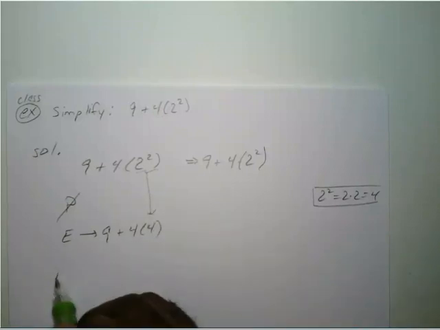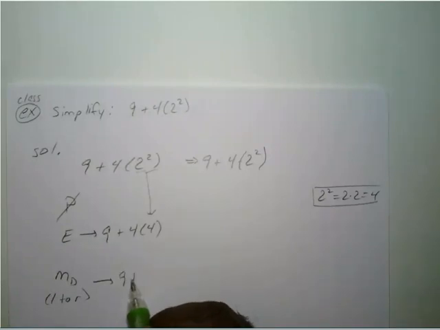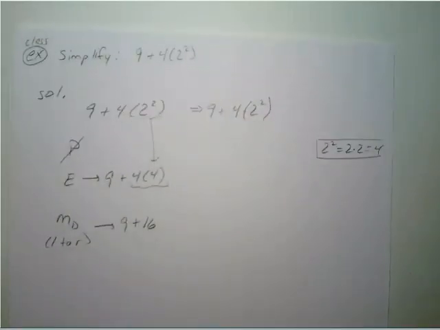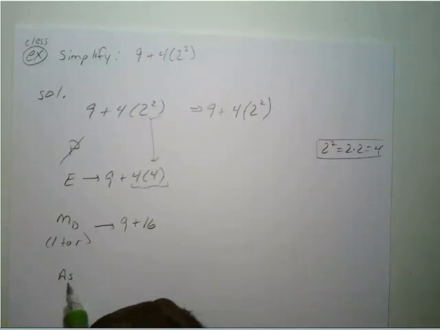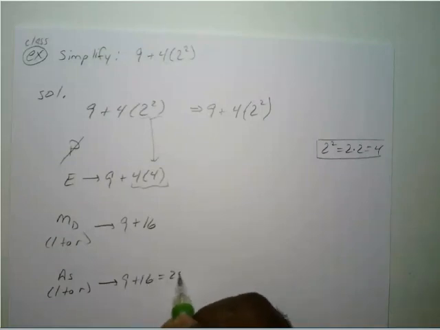Now we do our multiplication or division from left to right. Going from left to right, that's just 9 plus, you have 4 times 4, which is 16. And again, you can add it here if you want to, but I'm just going to do that last. Adding or subtracting from left to right. 9 plus 16 is 25.